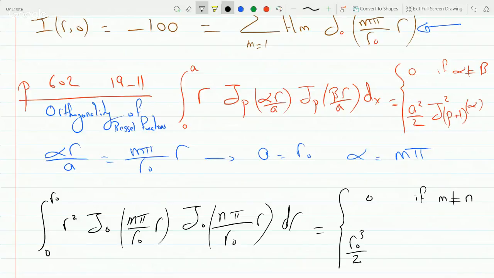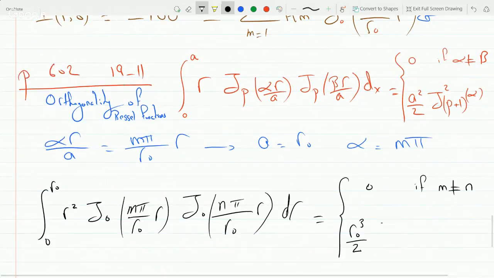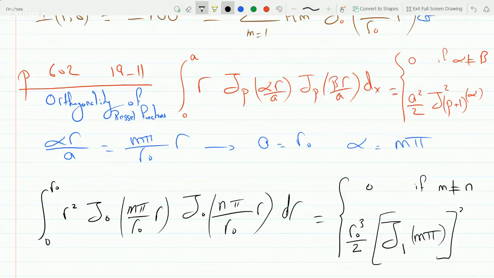In the original equation it's r, but if I have r squared, then this becomes r0 cubed over 2, times the Bessel function of p plus 1, p is 0, so this would be the Bessel function of order 1 of the zeros of alpha, and alpha is m pi according to what we've determined, squared. This is if m equals n.